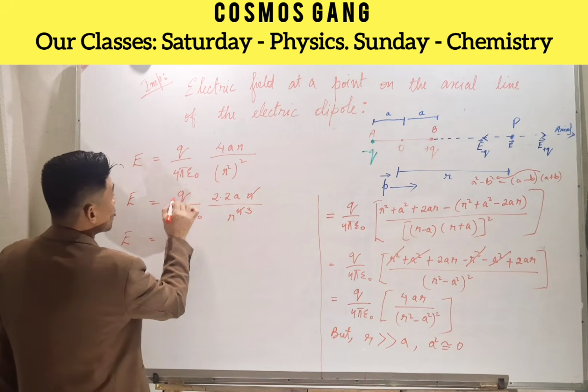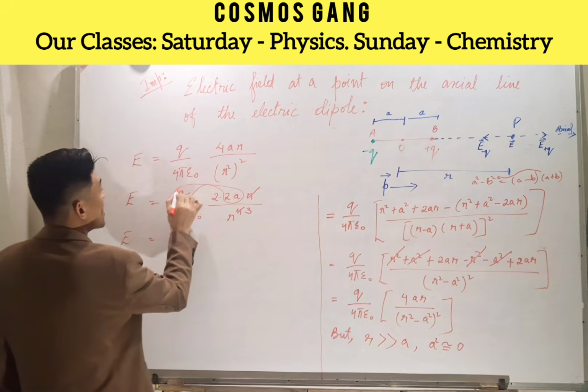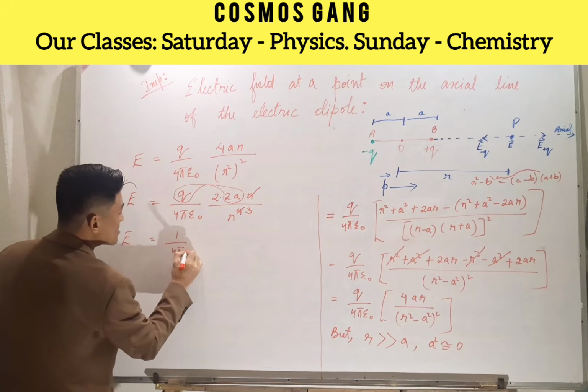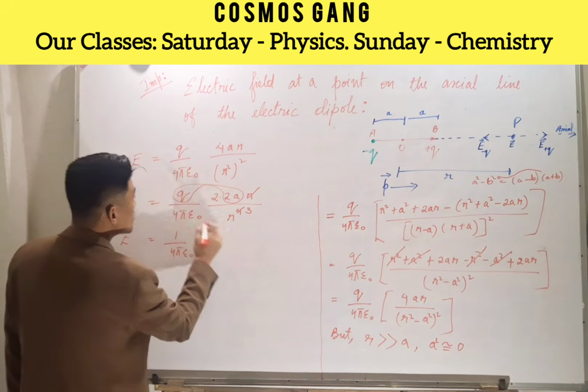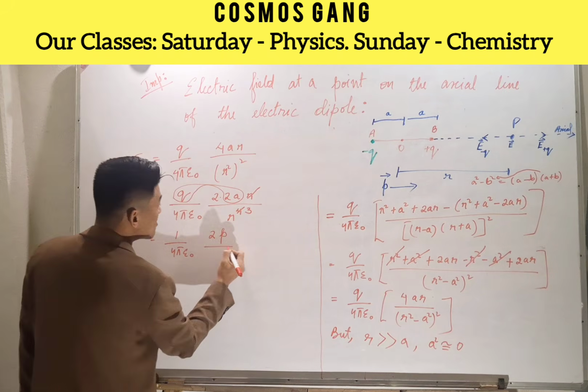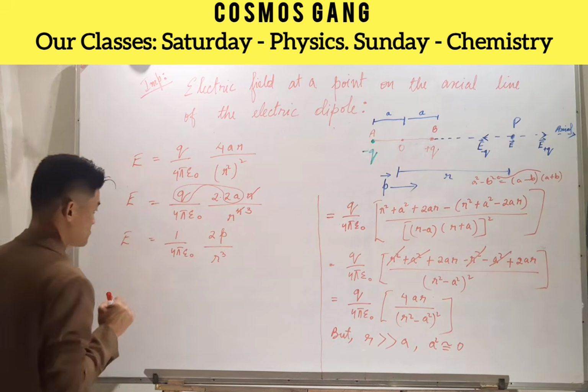E equals, combining all these, I can write P. So 1 by 4 pi epsilon naught P. In place of all these, I can write P, which is the dipole moment, divided by R cubed.